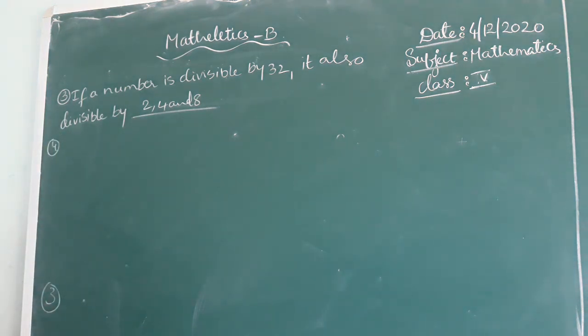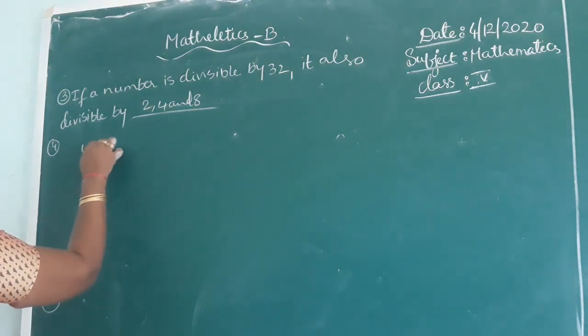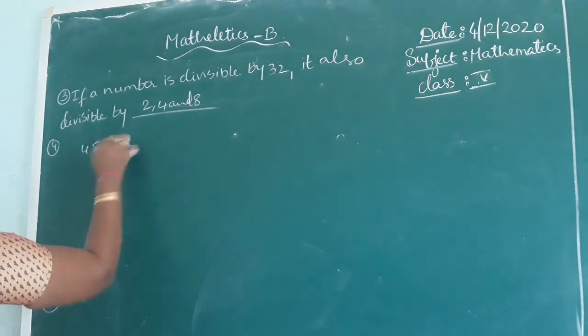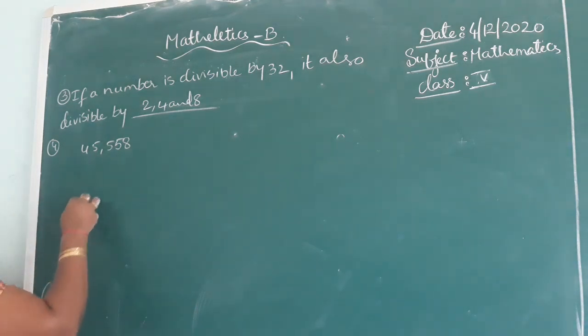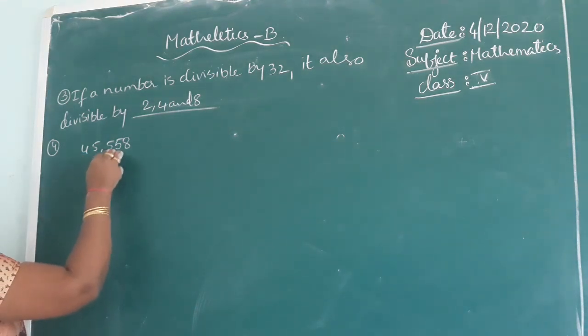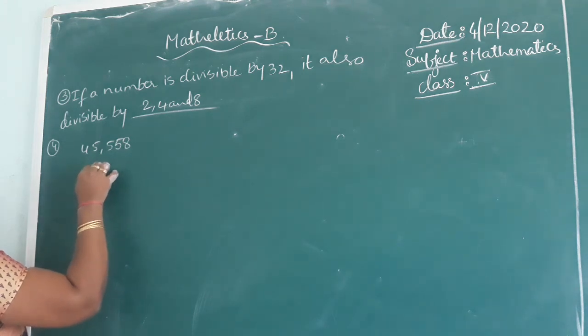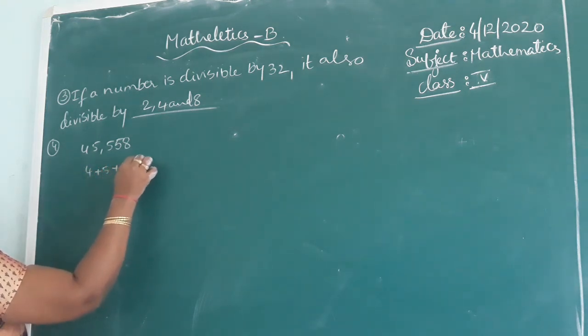Okay, next the factory employees. Here they have given that 45,558 employees were working in a factory. How many departments is the factory divided into? How much each number divides, that is the answer. So using the divisibility rule, find the sum of the digits: 4 plus 5, 9, 9 plus 5, 4 plus 5 plus 5 plus 5 plus 8.